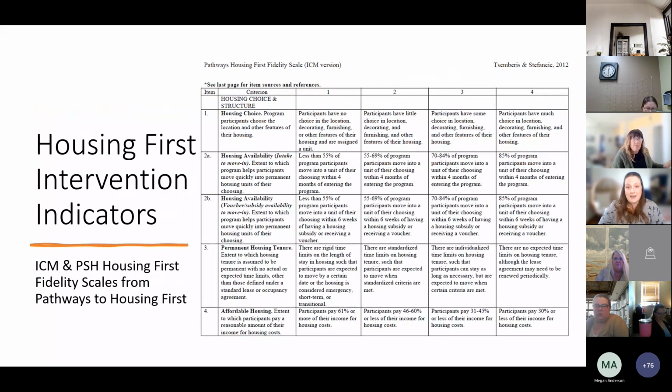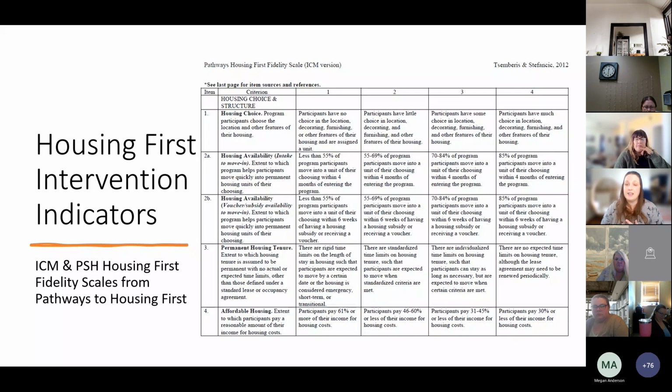I'm not going to go into it super in depth, but some people I've met that have even worked, and said that they've been doing Housing First for years, don't know that there are a few different models around Housing First. The most research-based is the Pathways Housing First model.